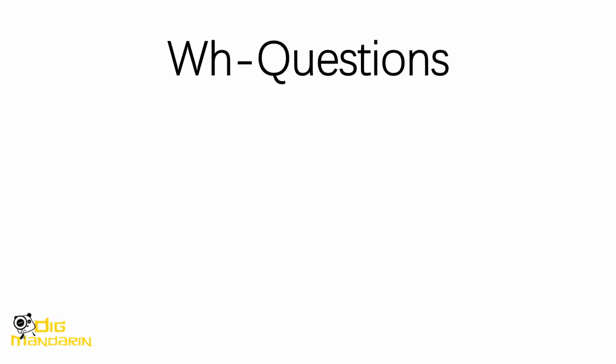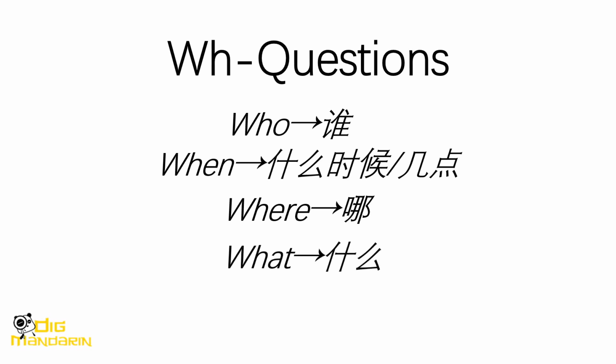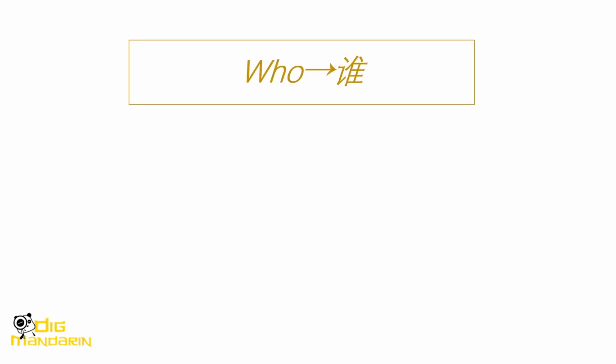In these kinds of questions, we should know some basic expressions: who in Chinese is 谁, when is 什么时候 or 几点, where refers to 哪, what is 什么, and why is 为什么. And now let's see how we can use them in different situations.